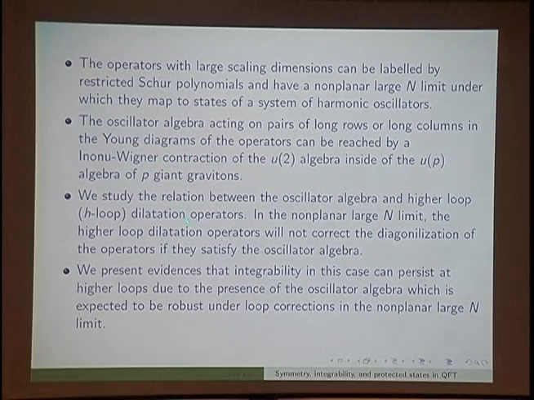And this algebra can be reached by Inönü-Wigner group contraction of the U(2) algebra of two D-branes on the gravity dual. And then I will also discuss the relation between the oscillator algebra and the higher loop dilatation operators.